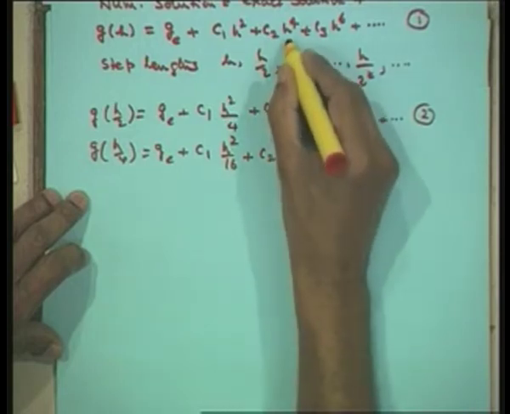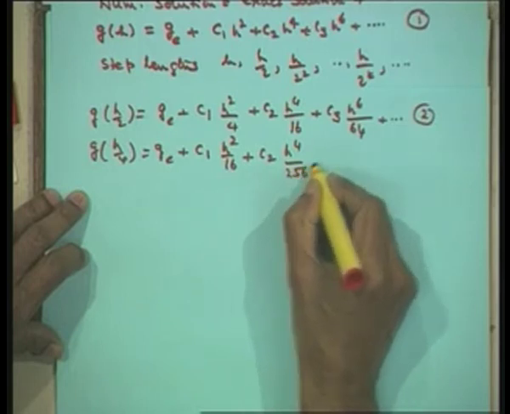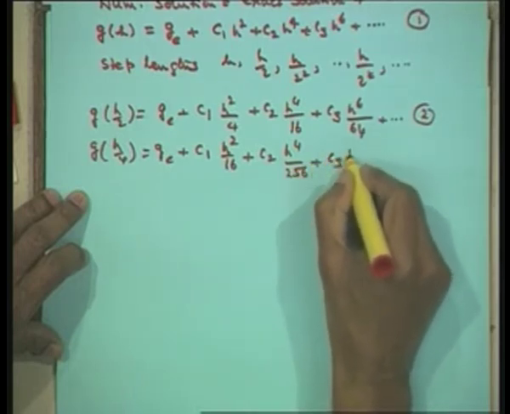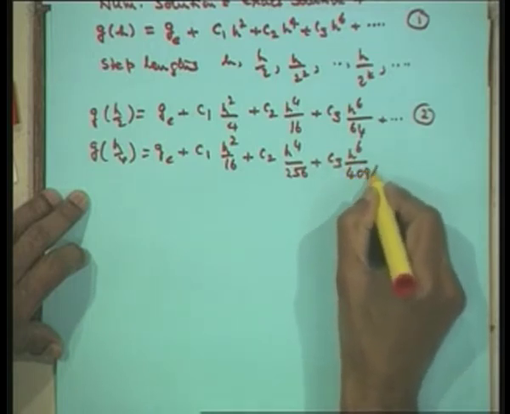Then I have c2 with 4 to the power of 4, h^4 by 256, plus c3 h^6 by 4 to the power of 6, that is 4096.